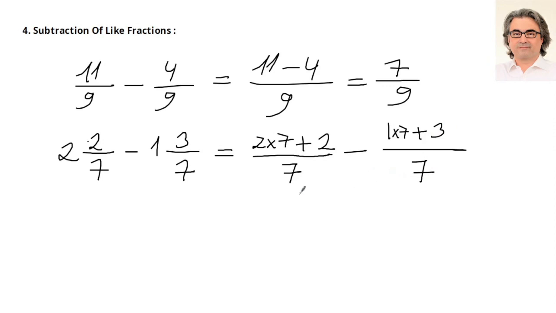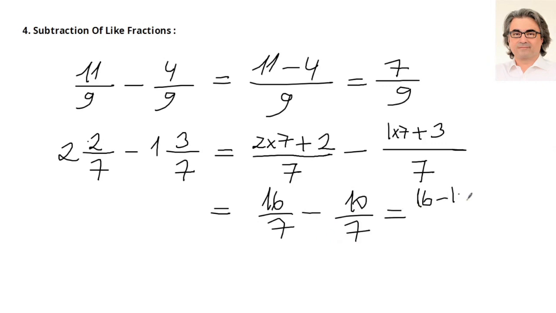I think you remembered. 2 times 7 is 14. 14 plus 2 is 16. 16 over 7 minus 7 times 1 is 7. 7 plus 3 is 10. 10 over 7. Denominators are equal to each other. It means 16 minus 10 over 7. And the result is 6 over 7. That's all.